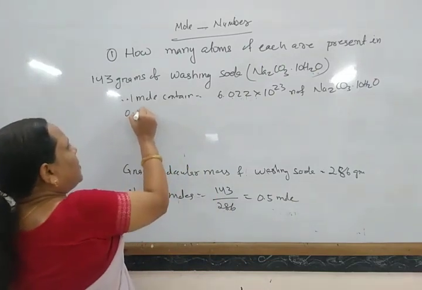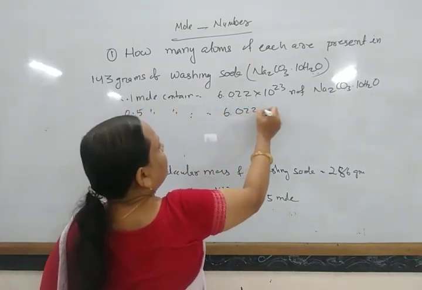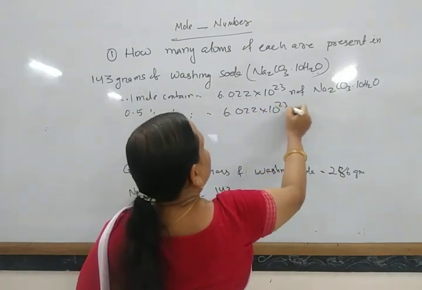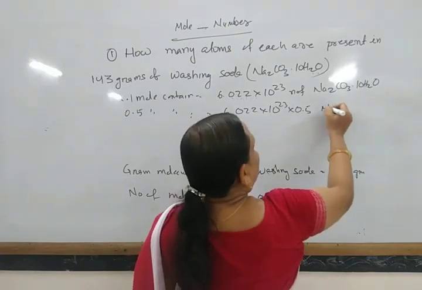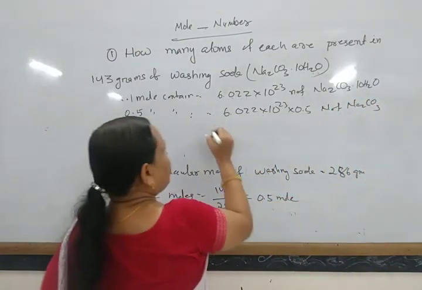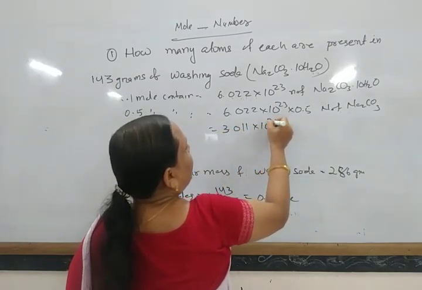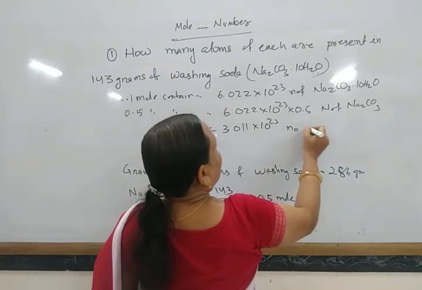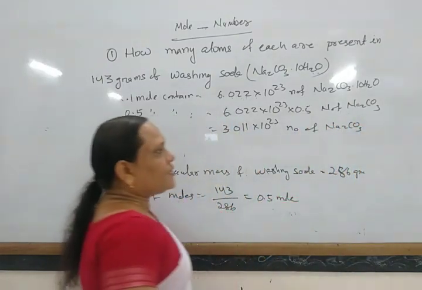Then 0.5 mole contains 6.022 × 10^23 into 0.5, that is 3.011 × 10^23 number of Na2CO3·10H2O molecules.